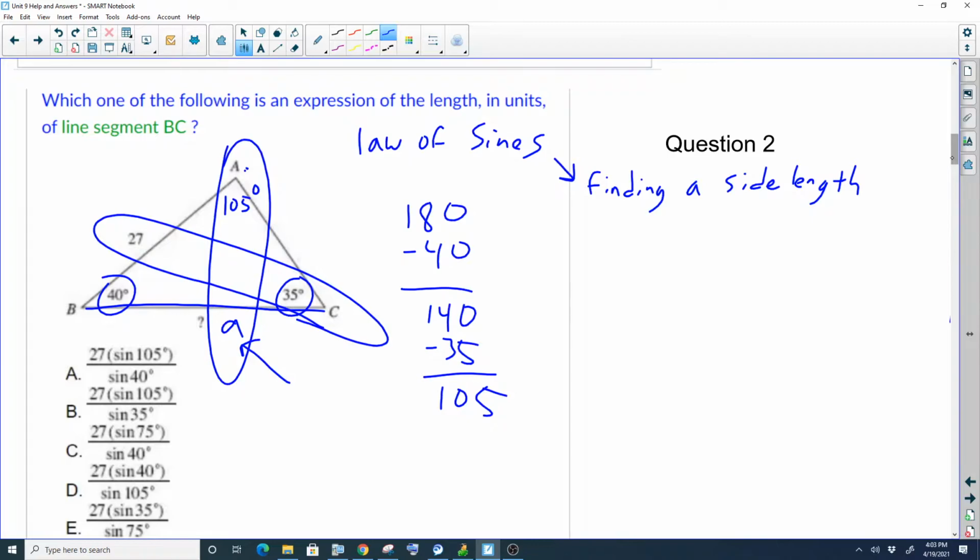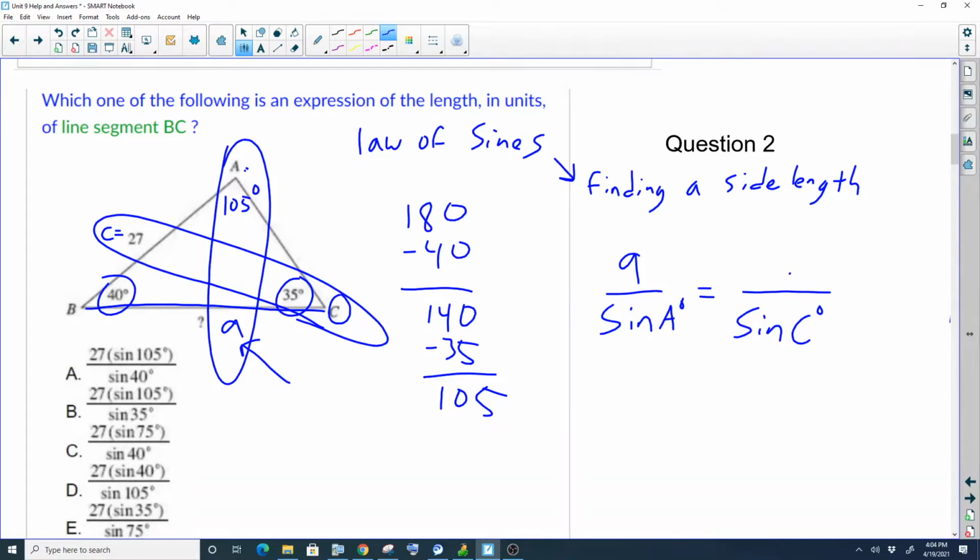So we'd start with little a, which we want to solve, over sine of big A, and then equals, what other do we have? We have big C and little c, right? Because across from big C is little c. So then the side length goes on top, just like little a, all over sine of the angle, which is big C.